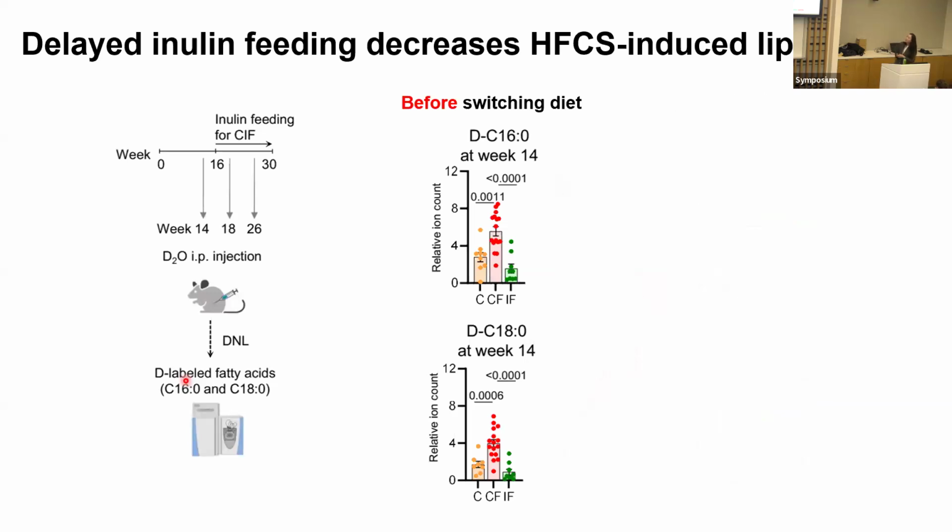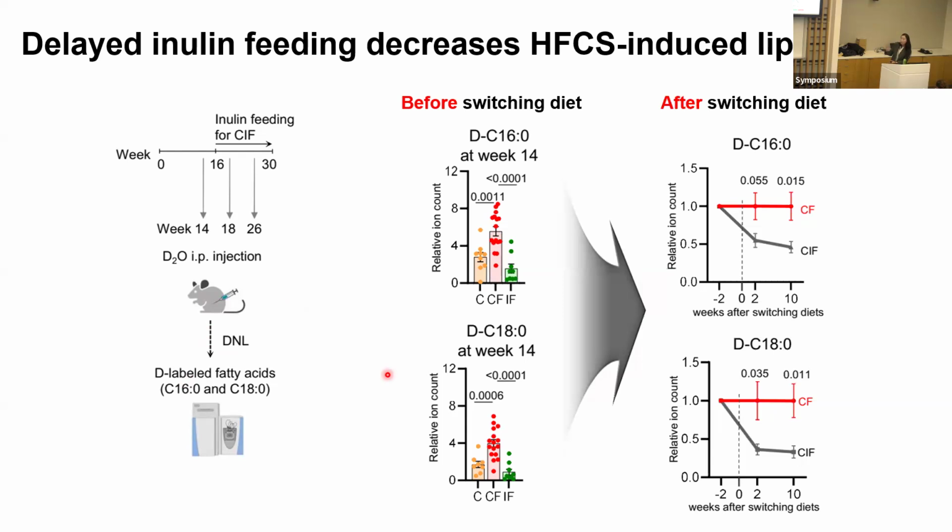First, we found that after 14 weeks of high fructose syrup drinking, as you can see in the graph, when we compare the orange and the red, the high fructose syrup drinking induced lipogenesis. And when you compare the red and the green, the inulin supplementation suppressed it.